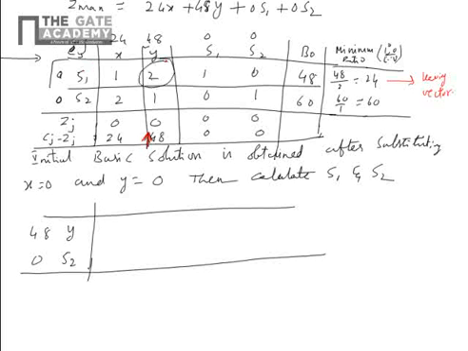This is called the key element, pivot element or pivot value. Divide the entire row by that pivot value. So 1 by 2 is 1 by 2, 1 by 2 is 1, 1 by 2 is 0, and you'll get b naught as 24.